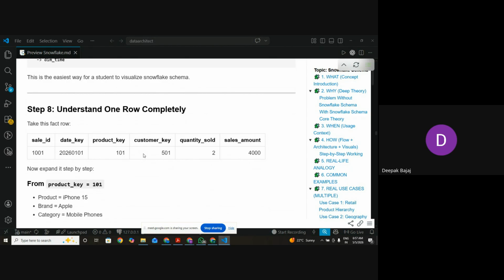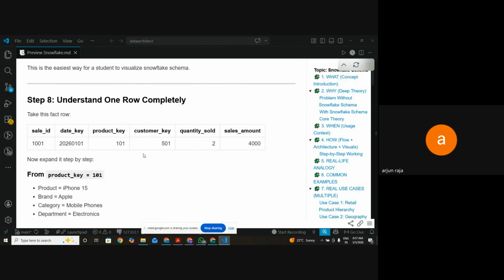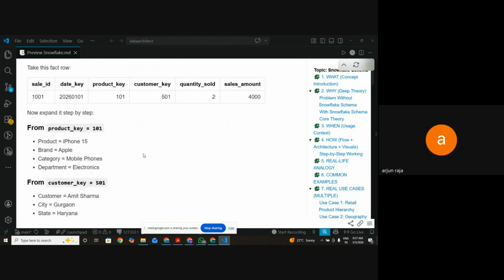Take this fact: sale ID, date key, product key, customer key, quantity sold, sales amount. Now expand it step by step.